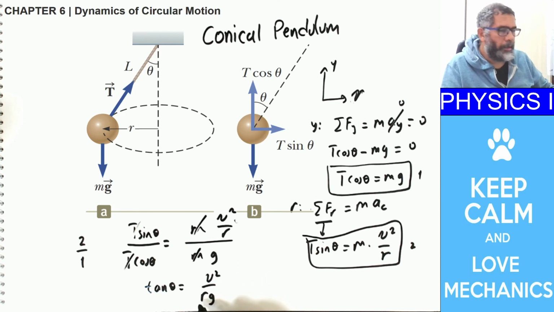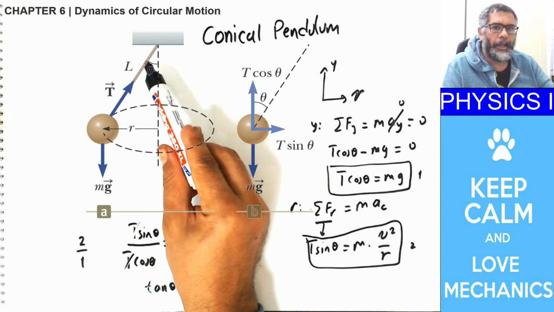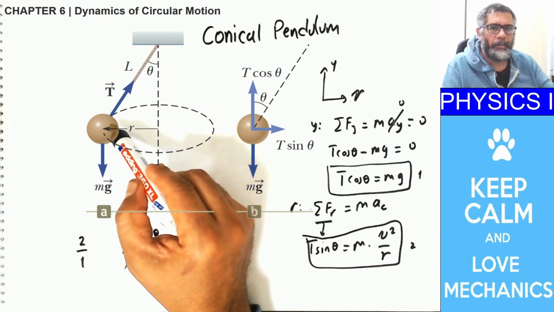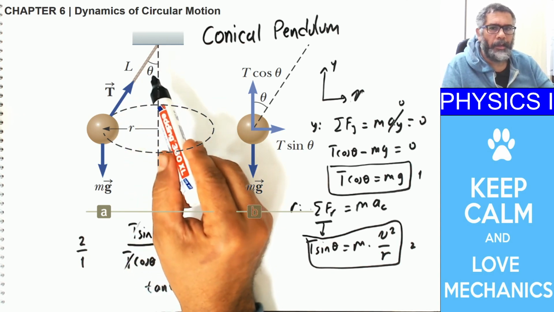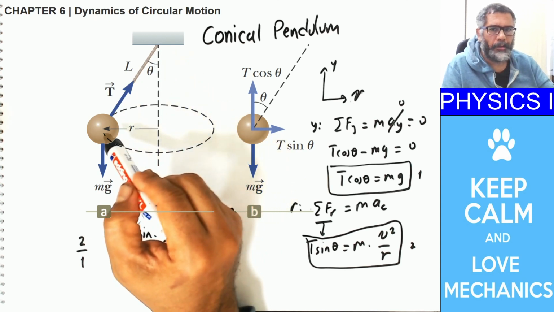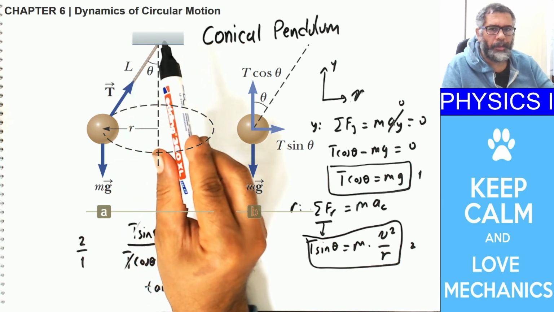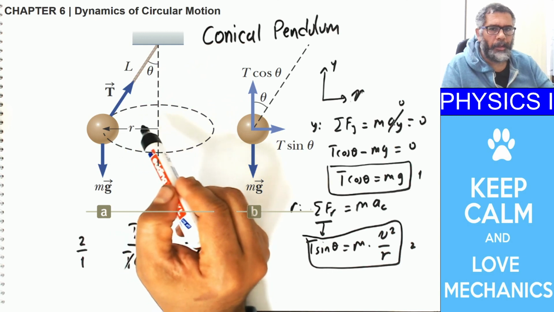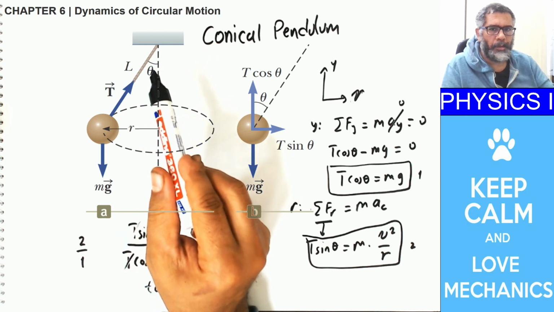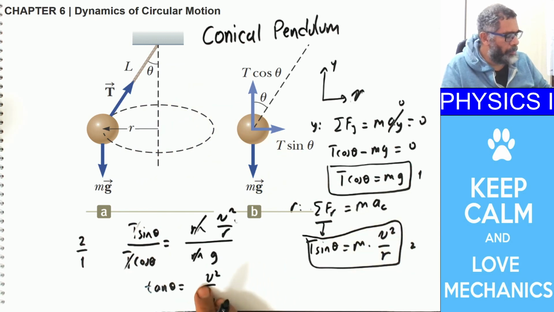But r can be expressed as the length of the string multiplied by sine theta, because this is nothing but a right triangle, with L being the hypotenuse and r being the side opposite the angle theta. So instead of r, we put L times sine theta, and we have g over here.